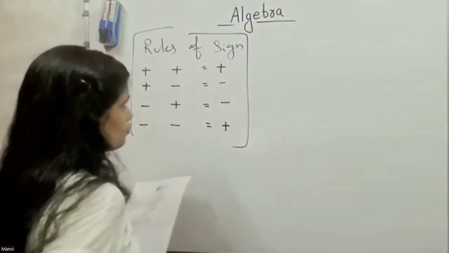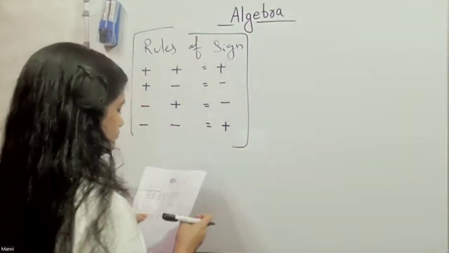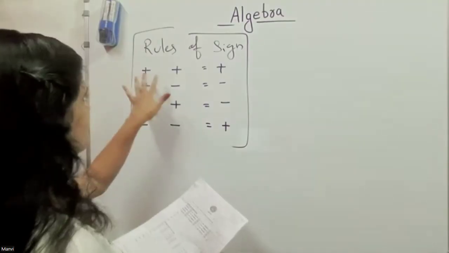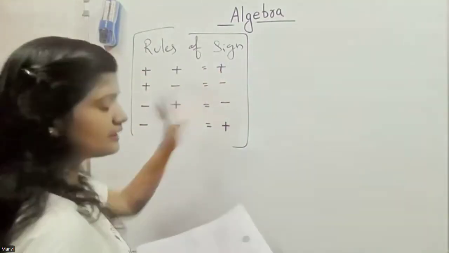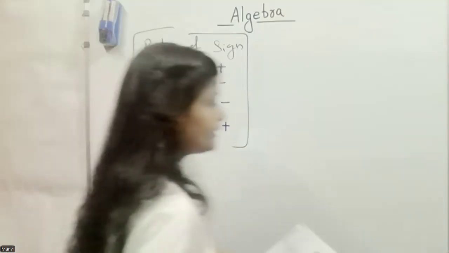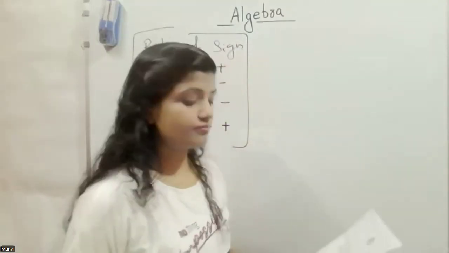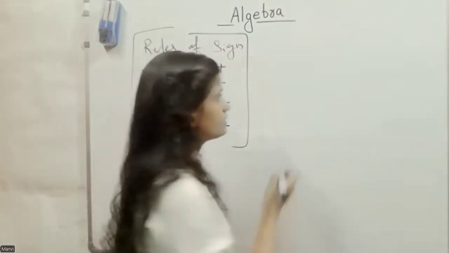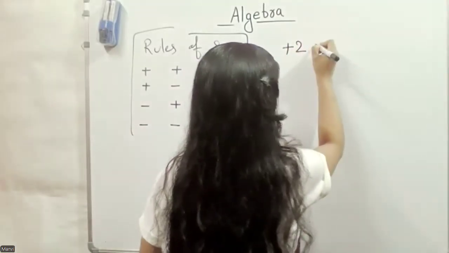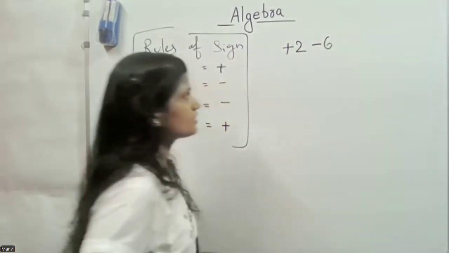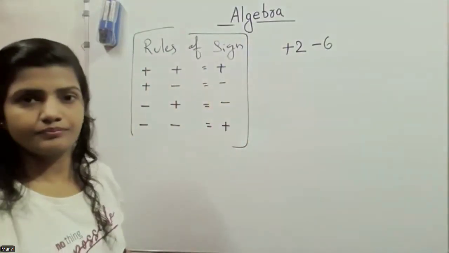We know that whenever we have the same sign, we put plus. Whenever we have different signs, we put minus. But when we are doing the calculation, like we have something like plus 2 minus 6, sometimes the question looks this way.